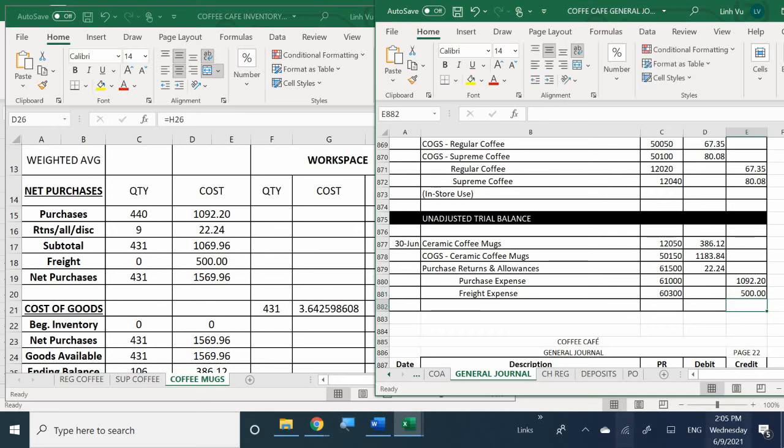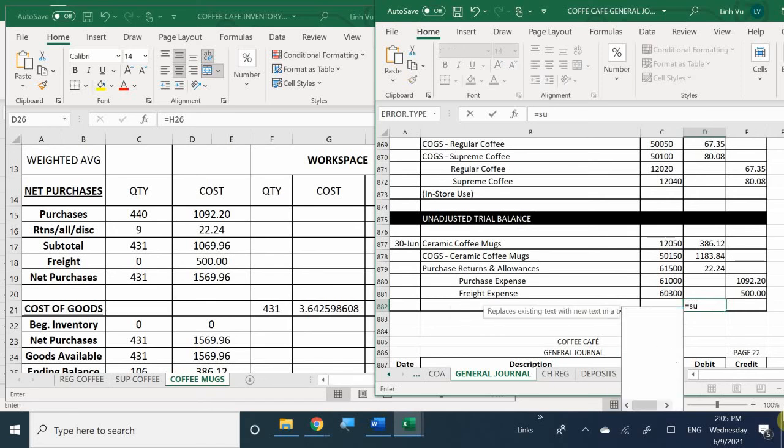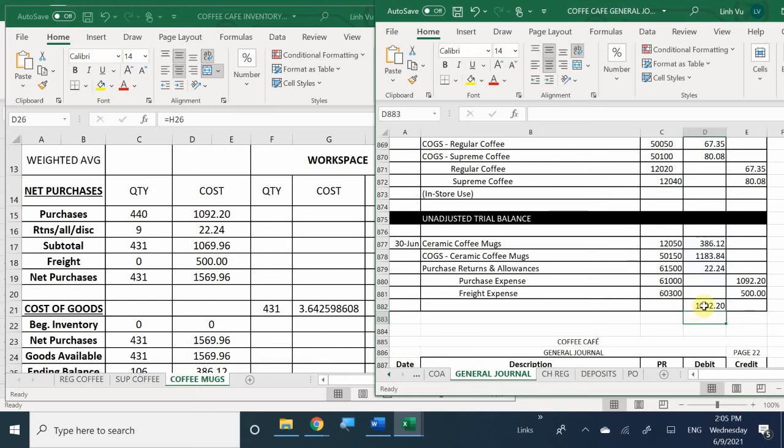500. Okay. So once again, let's double check if my debits match my credits. Here I have a total of $1592.20 on the left and a total of $1592.20 on the right. So there we have it. We completed our conversion entry.